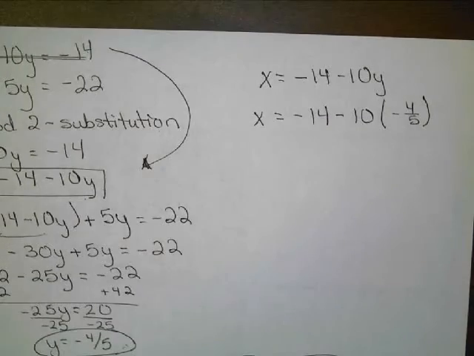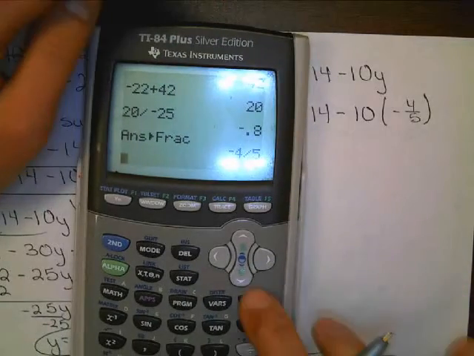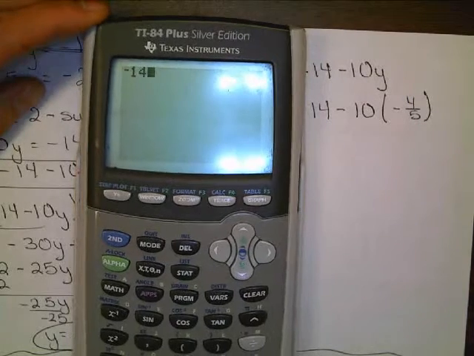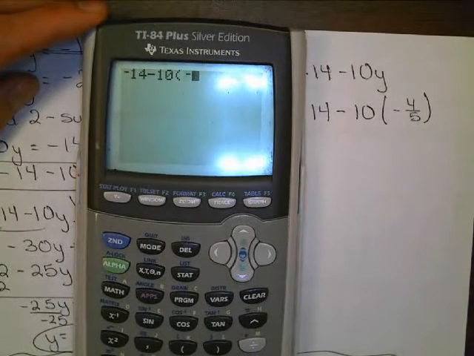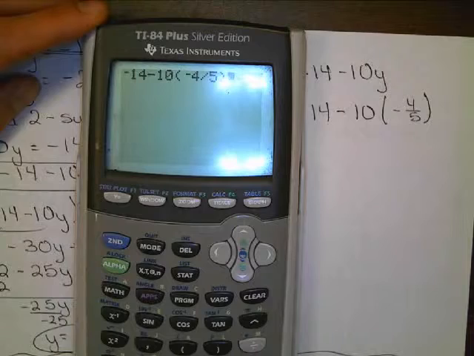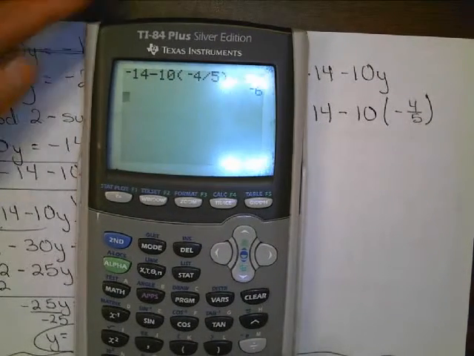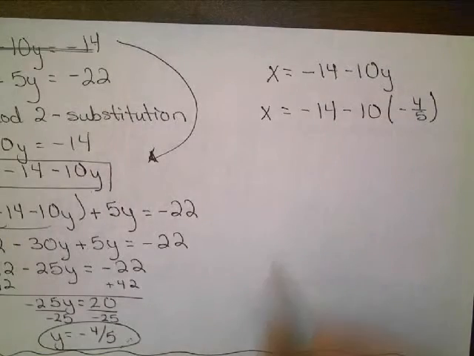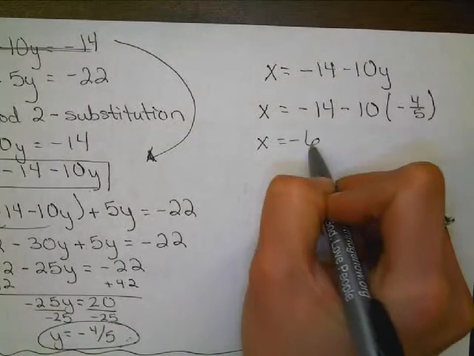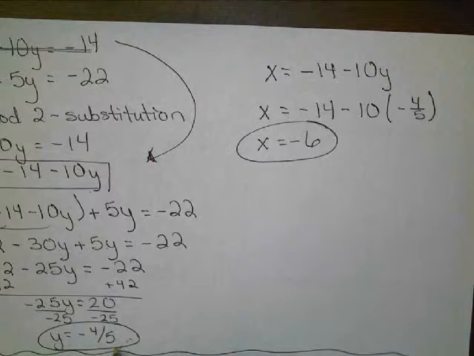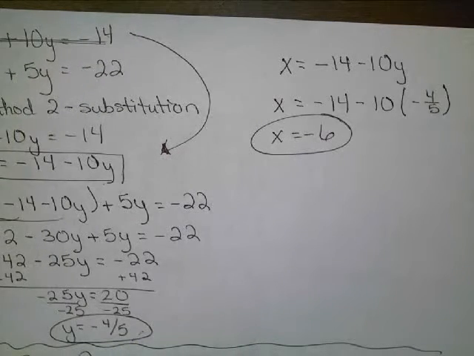Then I can just punch that into my calculator. So I have negative 14 minus 10 times negative 4/5. Notice I punched it in exactly like I wrote it. And so my answer is negative 6. So x equals negative 6 and y equals negative 4/5.